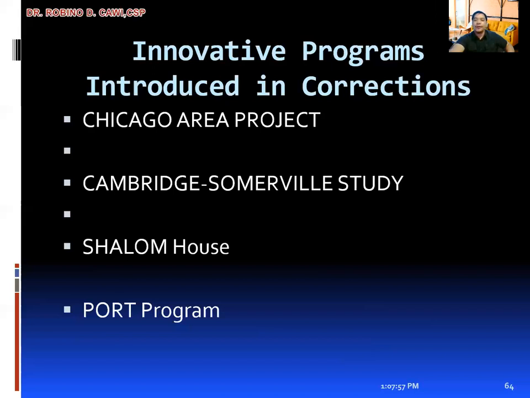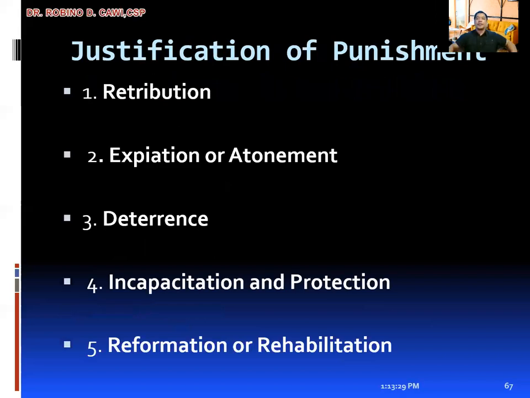Okay, and then of course, we have the justifications of punishment. If a state is to impose a particular punishment on a person who has wronged the community, then these are the justifications that exist.